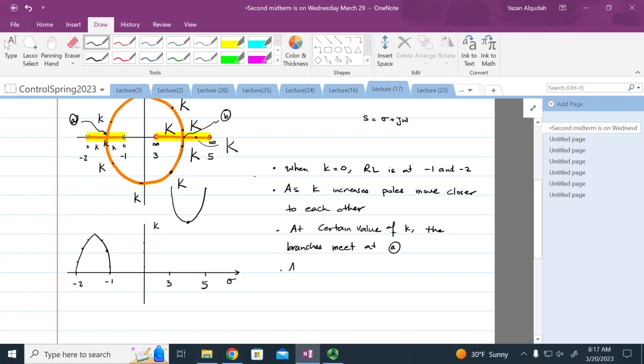Then as k keeps increasing, the poles are going to start having imaginary part. So the poles move to the complex plane.